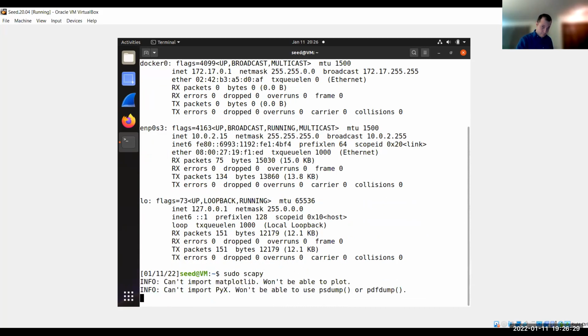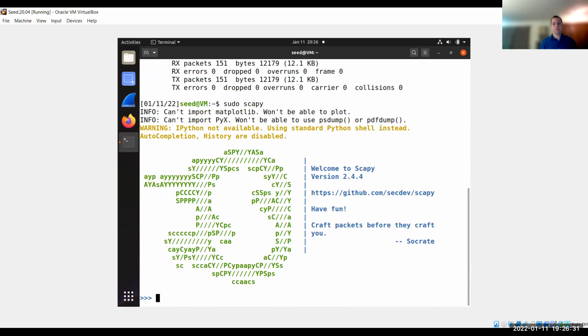I run sudo scapy because I'm going to be grabbing the network interfaces, and that should not really be allowed, right? Because we are actually going to make this machine generate any packet that we want, and so obviously that should require the network privilege.